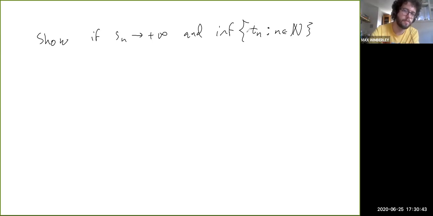It's just the infimum of the values of Tn is greater than negative infinity. So this is literally just another way of saying that Tn is bounded below. Then Sn plus Tn diverges to positive infinity.